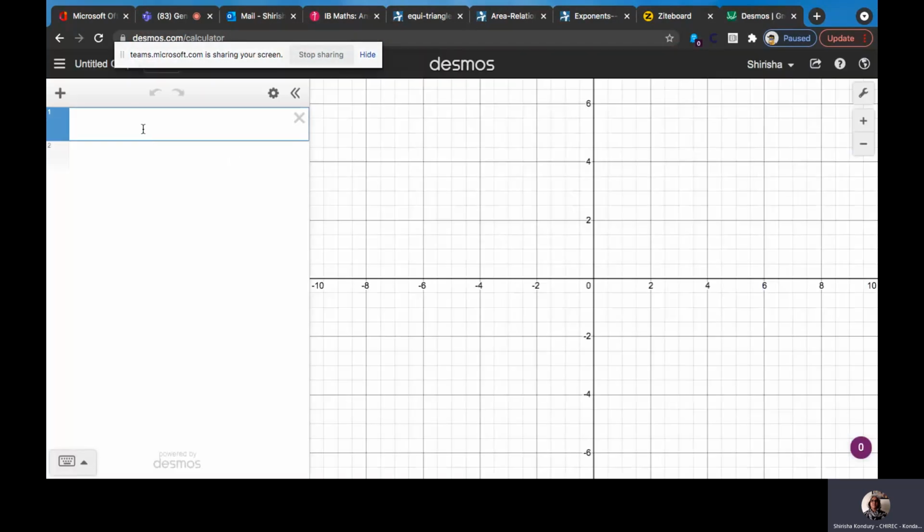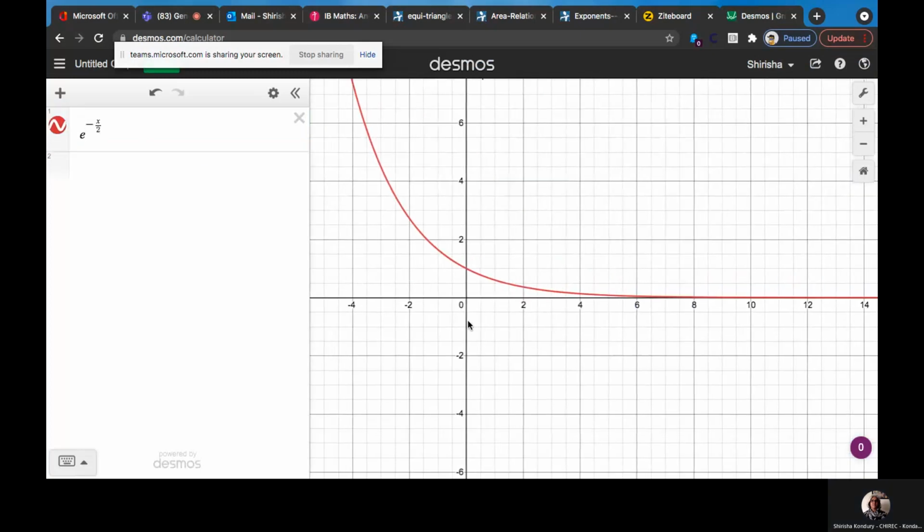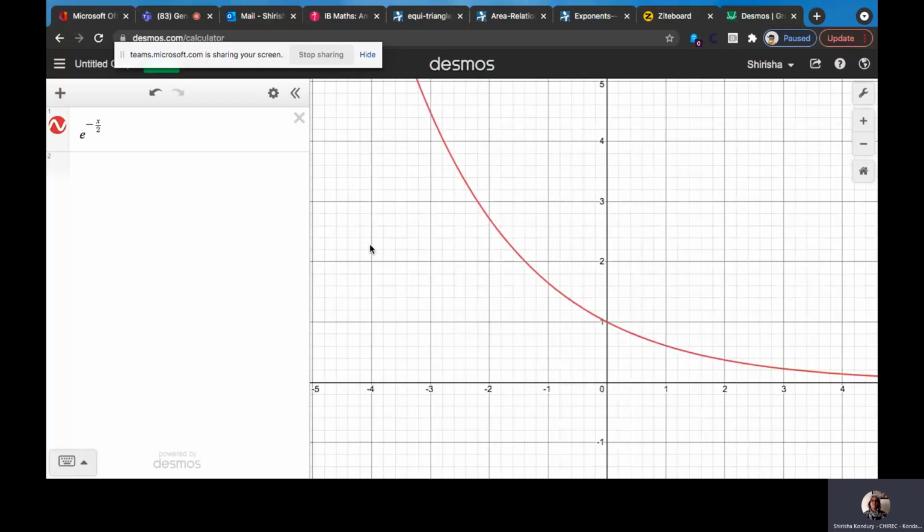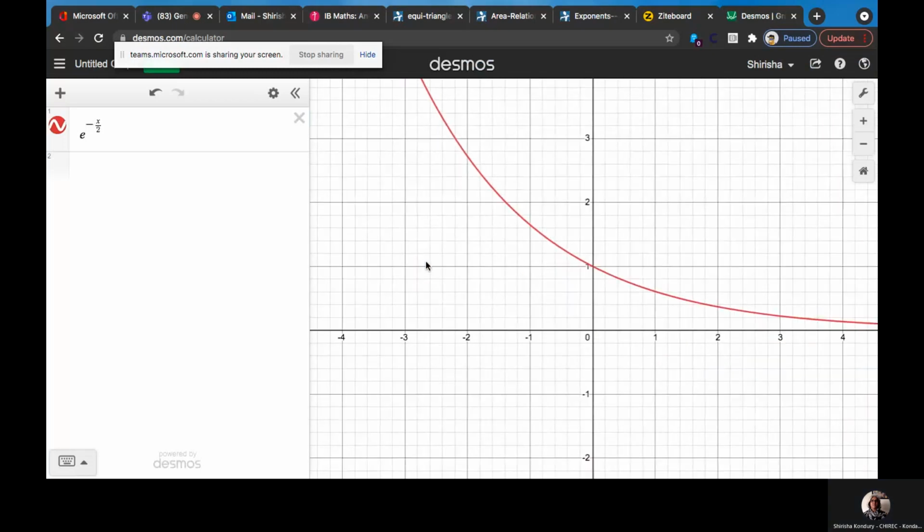So I'm just going to graph e raised to minus t by 2. This is the graph. You can clearly see that it never goes into the negative region. And k is just a scaling factor, so k could be any value, which will not affect the function going into the negative region.